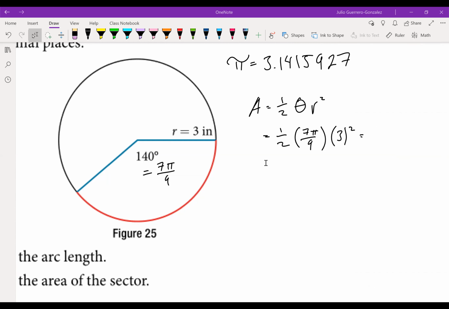You multiply across, so half times 7 over 9 gives 7 pi over 18, and then you use the 3 squared, so it'd be 7 pi over 18 times 9 over 1. Does that make sense with the half? Because you just multiply across. Or you could do the whole thing, but I just like to break it up.